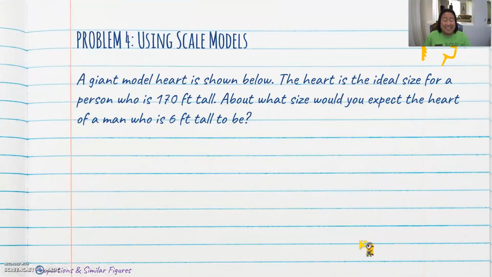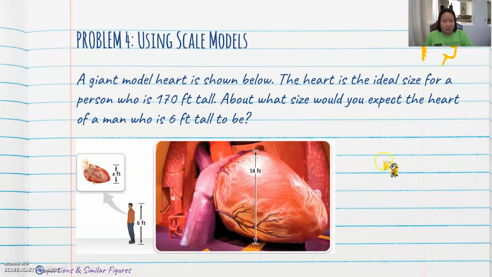Let's go to our next example. Again, we have scale models here. Now this is the image that we have. This is a giant model of a heart. This heart is the ideal size for a person who is 170 feet tall. Now remember, this is the big model, a giant model.